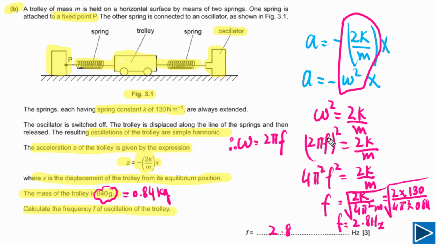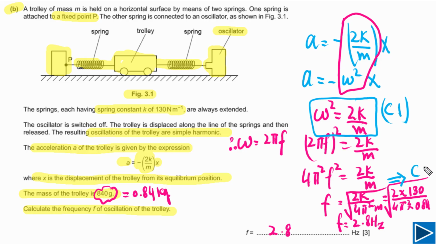Let's try to understand how marks are distributed for this question. If you have written omega square is equal to 2k over m, for this expression you will get the first C1 mark. The second C1 mark is if you have written frequency in terms of k and m and you have plugged in values.